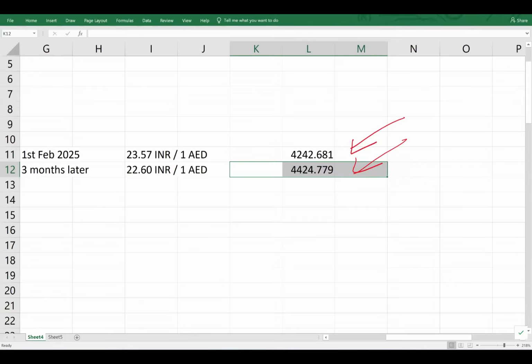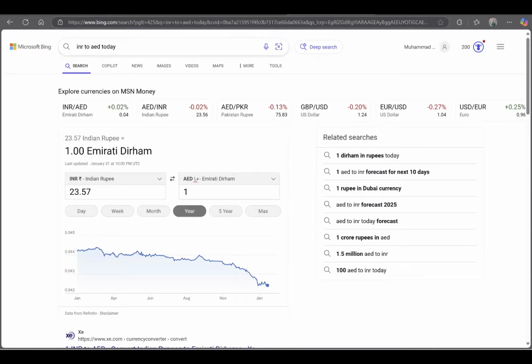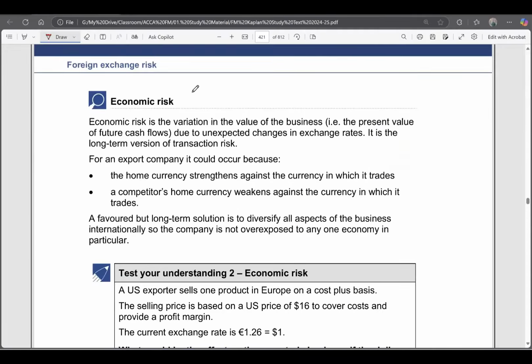So now let me relate this to the economic risk.